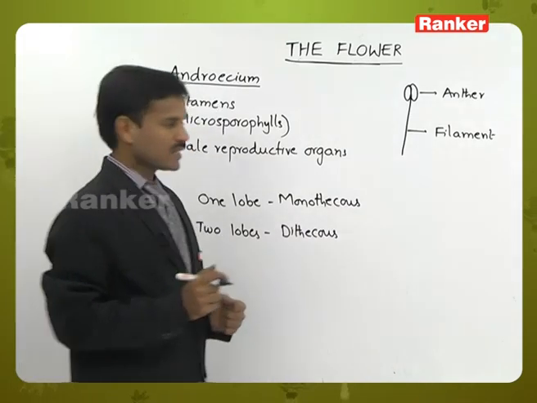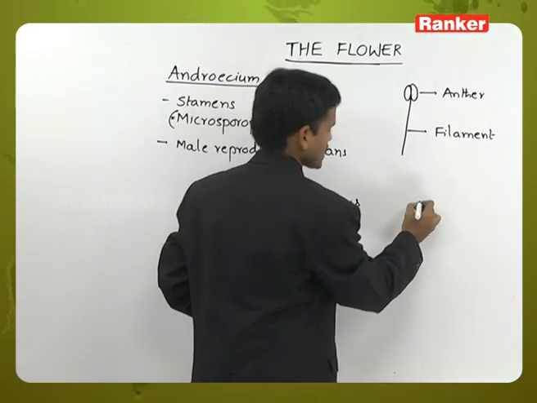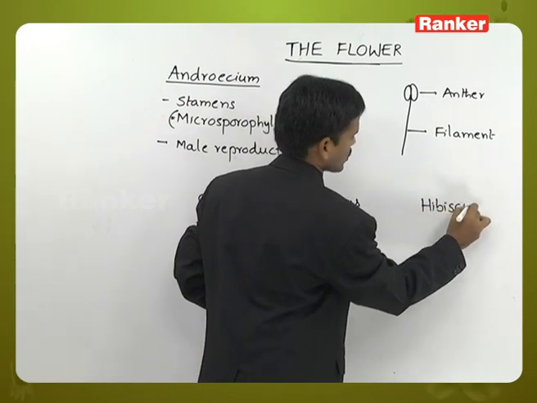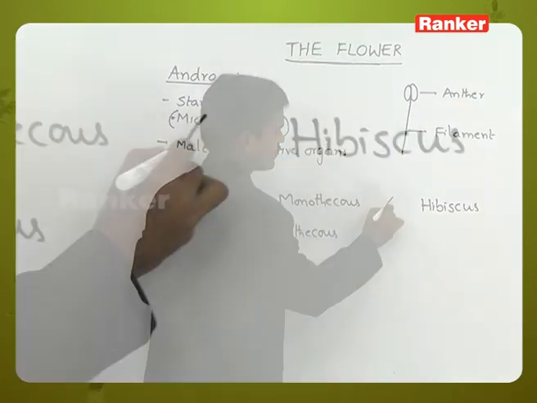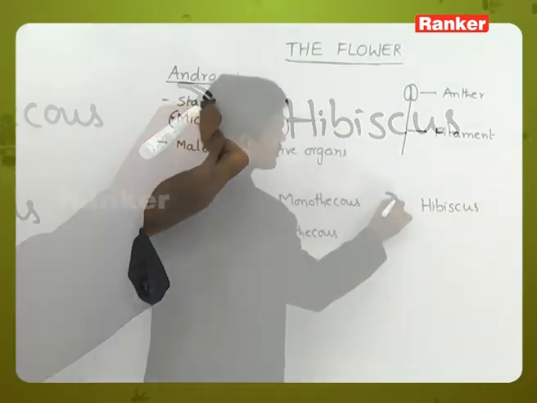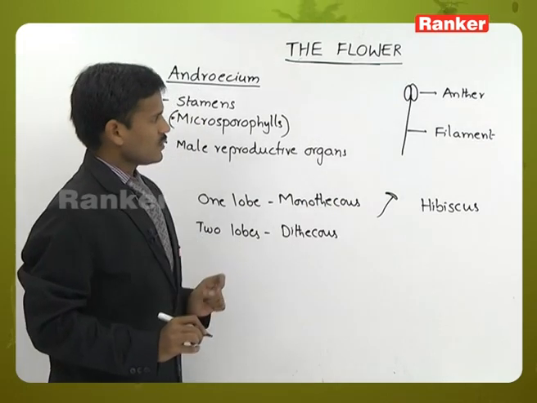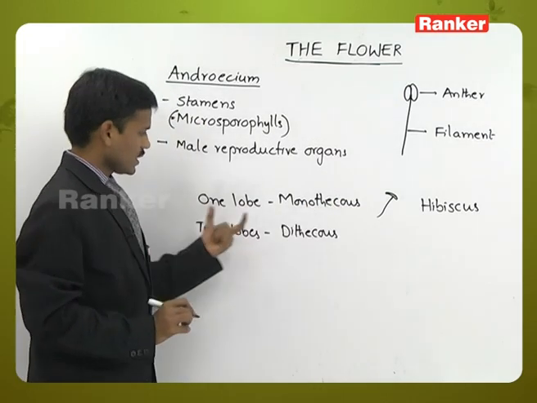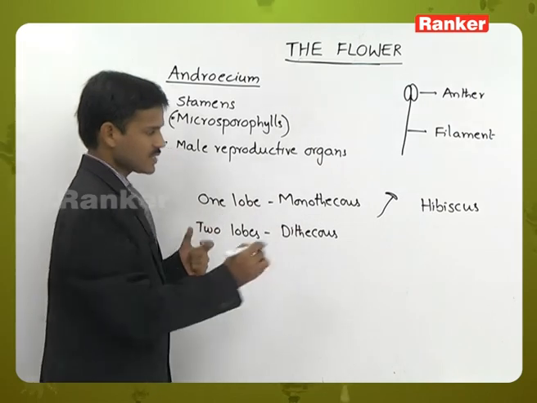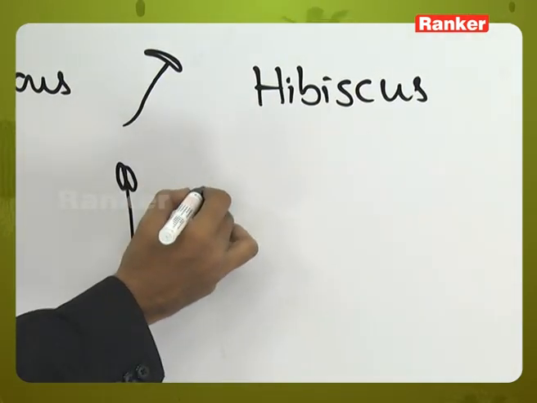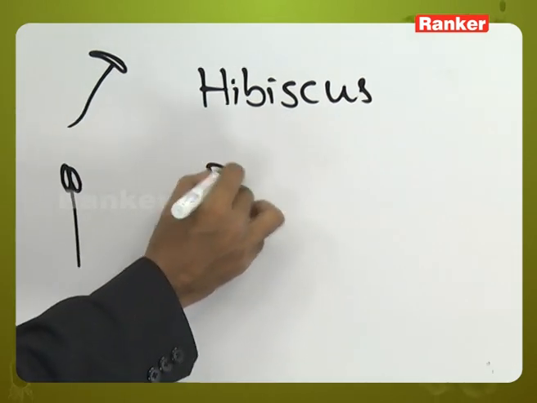Monothecous anther is observed in the hibiscus plant. The hibiscus flower shows a monothecous anther, having only one lobe, and the dithecous anther shows two lobes. It is observed in Datura.